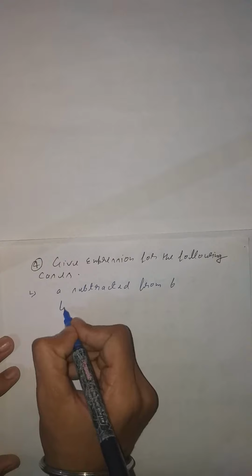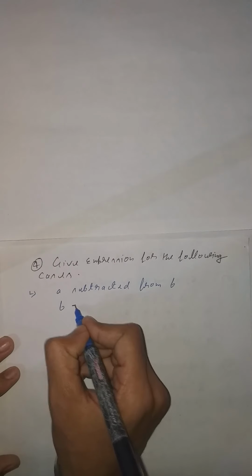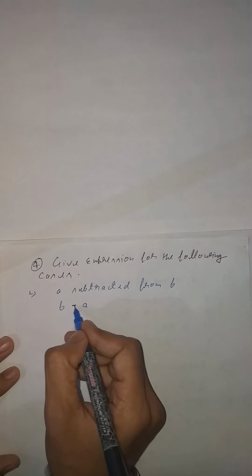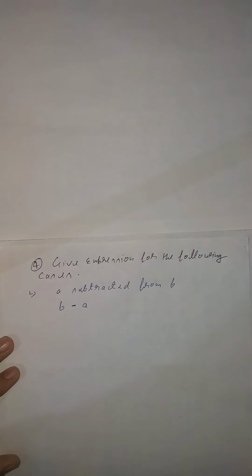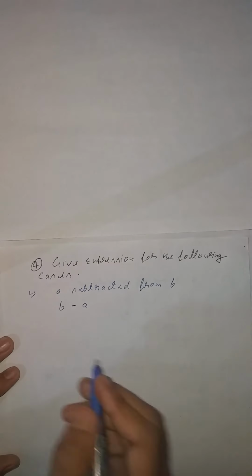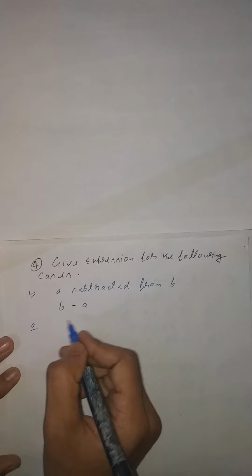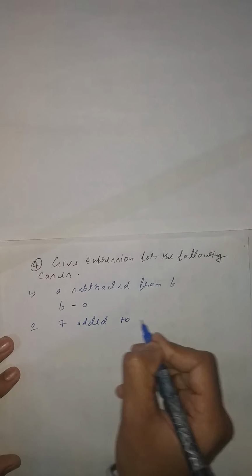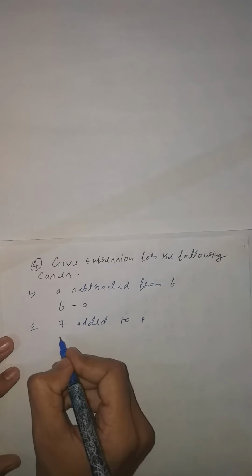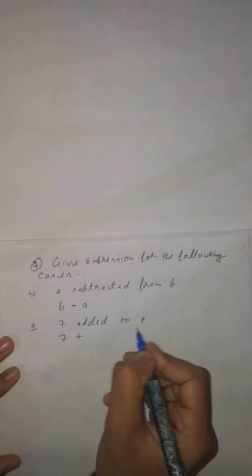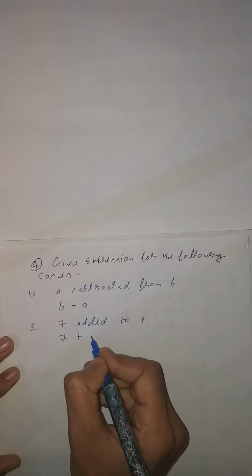First you will write down B, and minus means subtraction, then A. That means A subtracted from B means first you write B, then subtract A from B. This is the expression of this statement. Clear? So similarly your question is given: 7 added to P. Clear student? So 7, added means the sign of addition, to P, that is plus P.